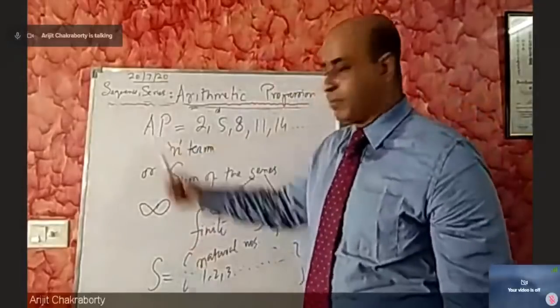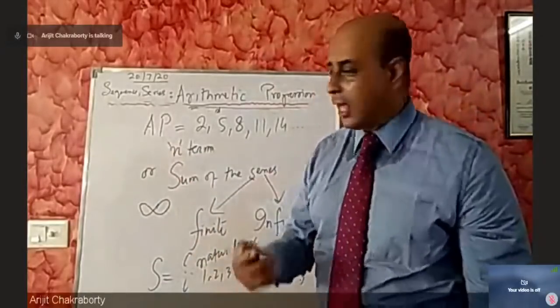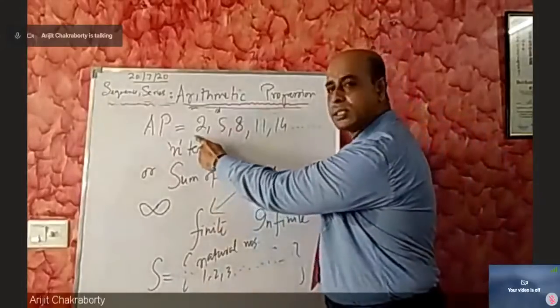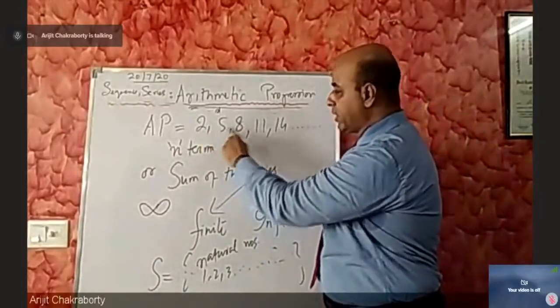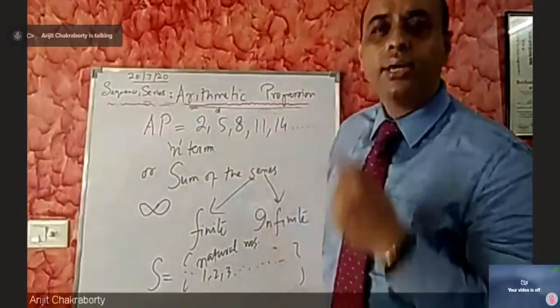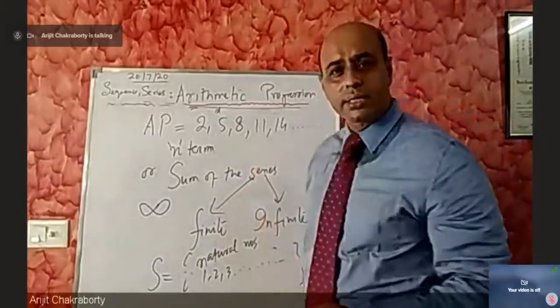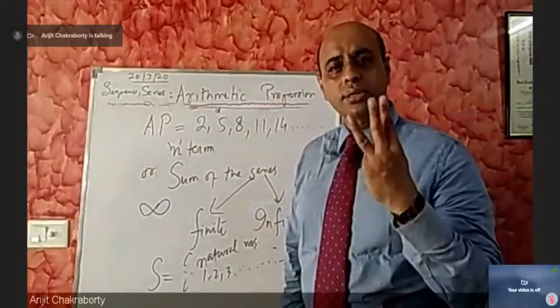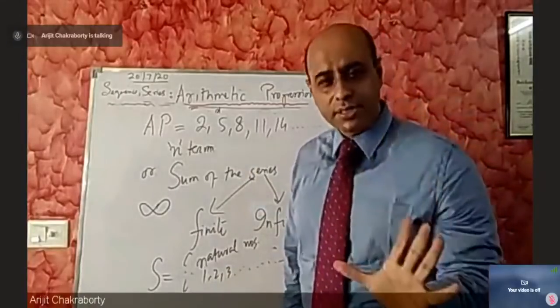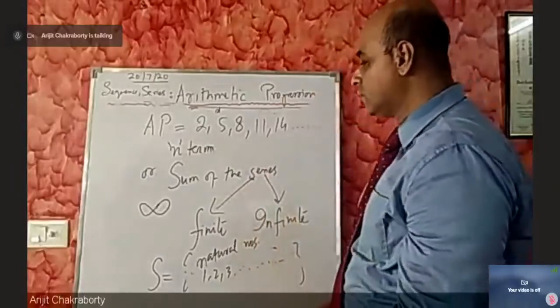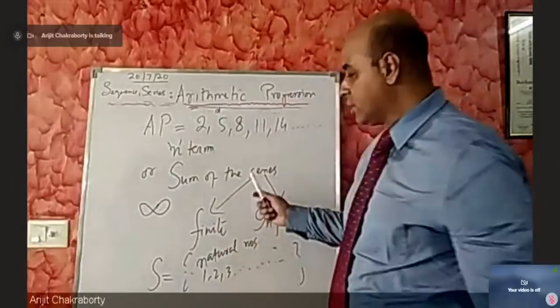It is an AP, arithmetic progression, and the common difference is 3, because 5 minus 2 is 3, 8 minus 5 is 3, 11 minus 8 is 3, 14 minus 11 is also 3. So it is having a common difference of 3. I hope it's clear.